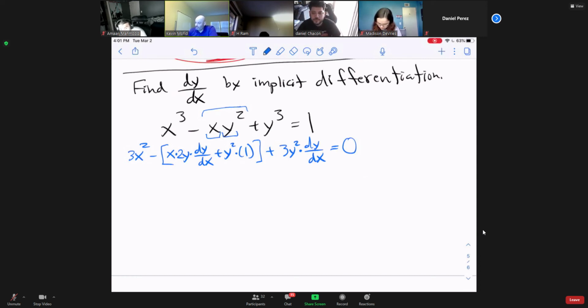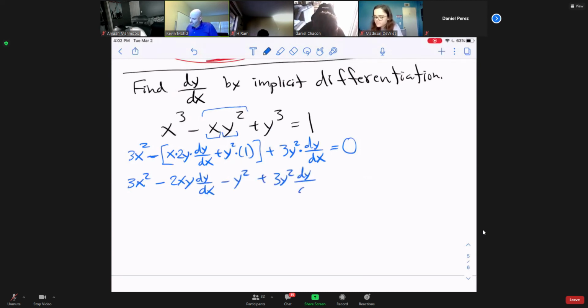So now I'm going to distribute the minus sign here outside of the bracket. So 3x squared minus. And also I like to rewrite it, the number first and then the x and the y, dy over dx, minus y squared, then plus 3y squared dy over dx.